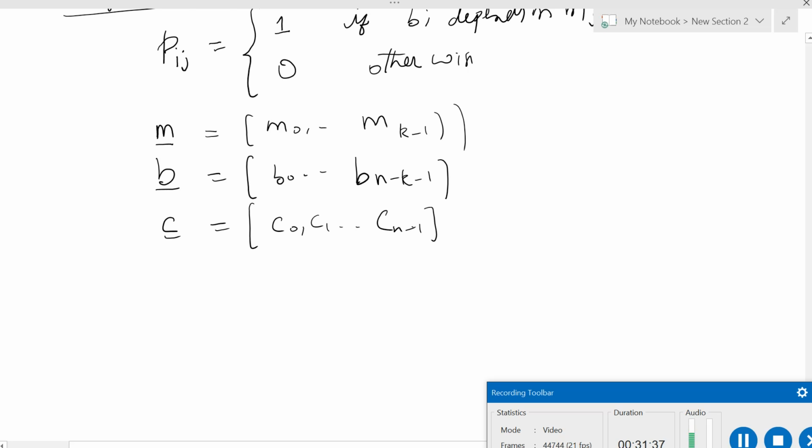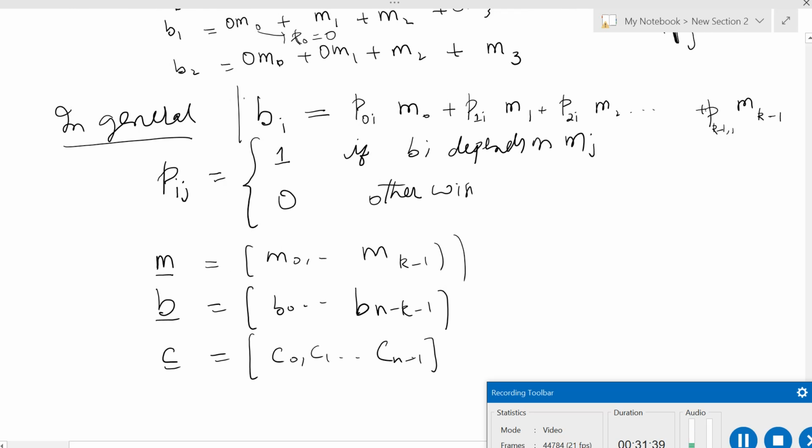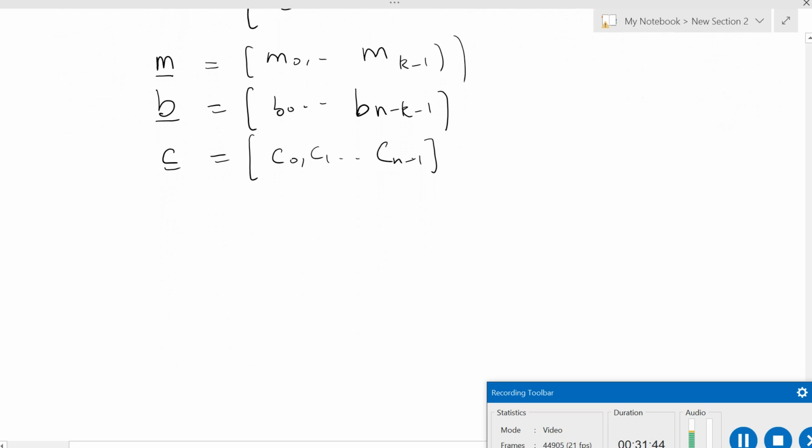Now this operation Bi is equal to this, we can also think of, see, if you look at it, B0 is equal to, I will write it in detail so that it becomes clear for you. B0 is equal to P00 M0 plus P10 M1 plus Pk minus 1 0 Mk minus 1.